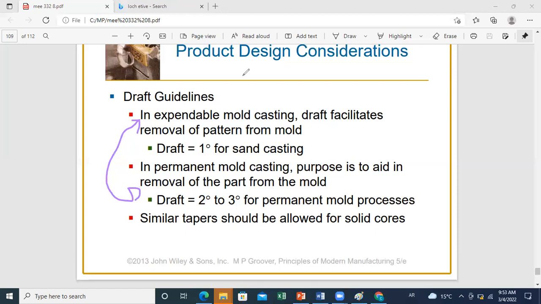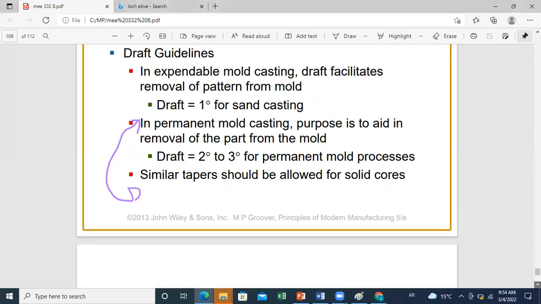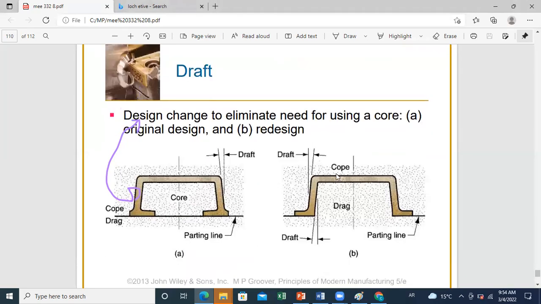Let us see in a figure how this will take place. You can see here that if you want to remove the mold at the end, a certain draft will facilitate the removal process instead of having just a straight line. So this will allow us to separate the cope and drag from each other in a simpler way.